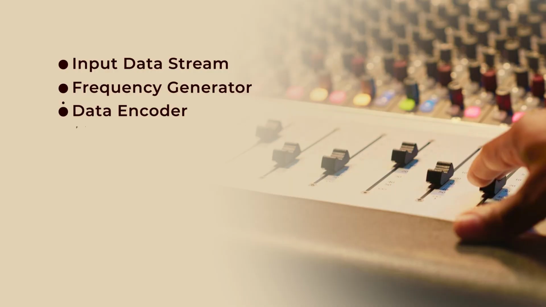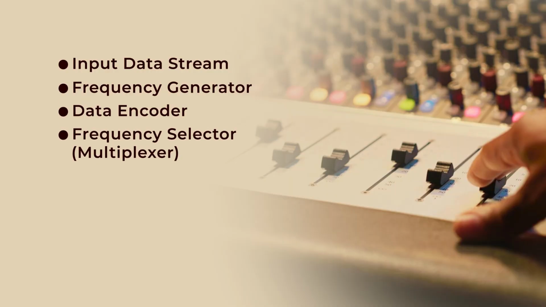Now, the frequency selector, often implemented as a multiplexer, chooses the appropriate frequency generated by the frequency generator based on the control signal from the data encoder. The selected frequency corresponds to the binary data being transmitted at any given moment.